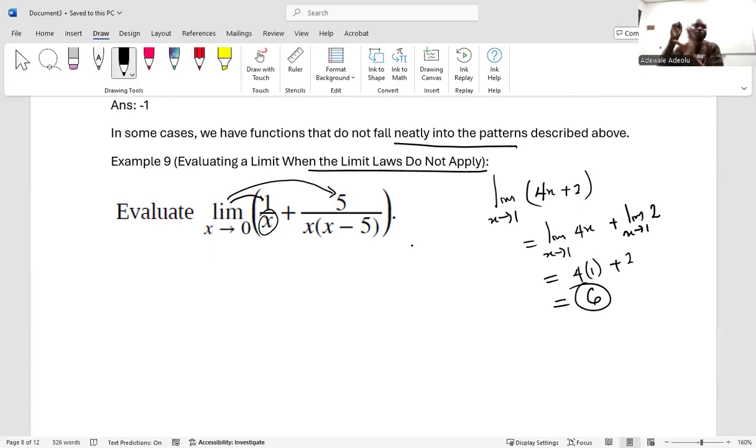So do not do that. Do not do what we did here, like taking the limit one by one. We cannot do that. The limit laws do not apply in that situation. What do we do then? We first need to take care of that fraction inside.